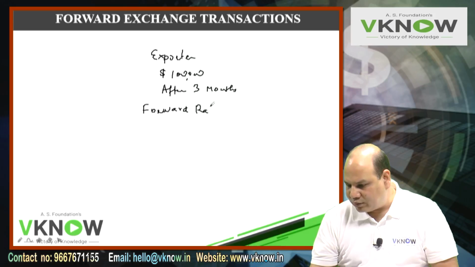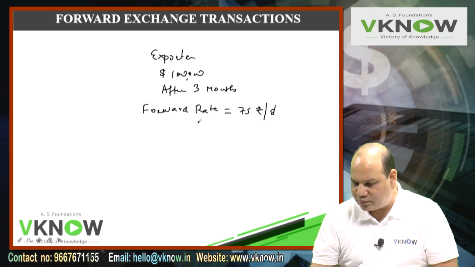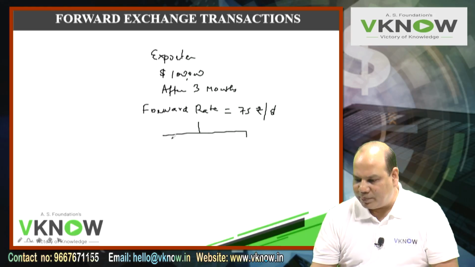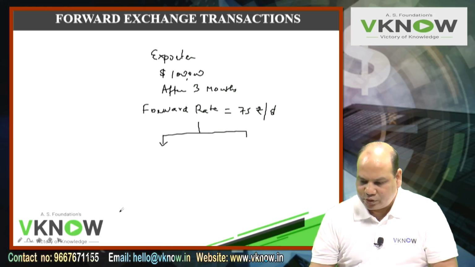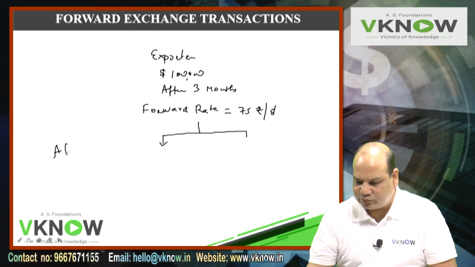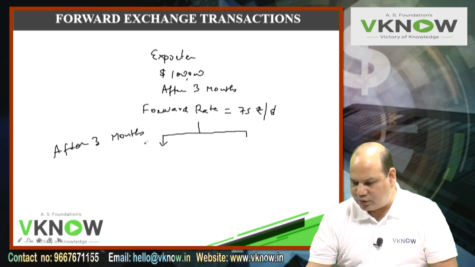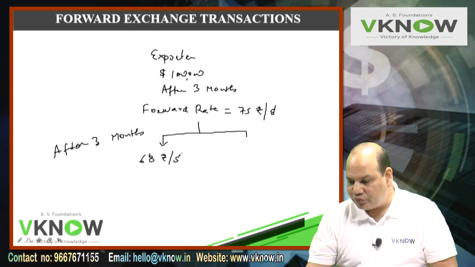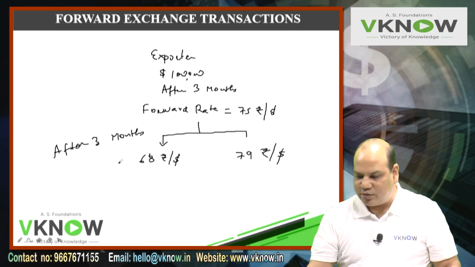The forward rate agreed is, for example, 75 rupees per dollar. Now what can happen after 3 months? After 3 months, the exchange rate can be say 68 rupees per dollar, or it can be 79 rupees per dollar. Anything is possible after 3 months.